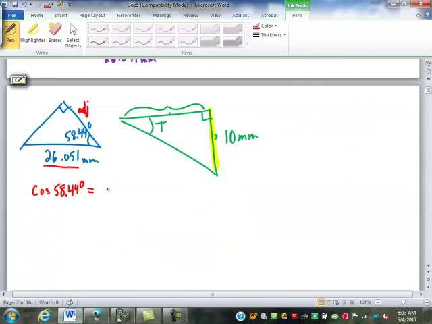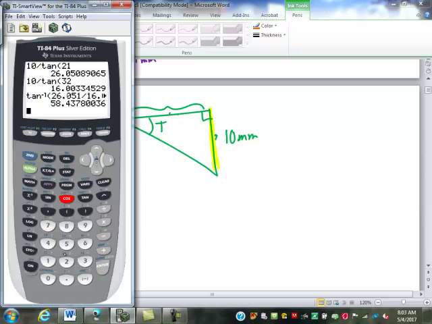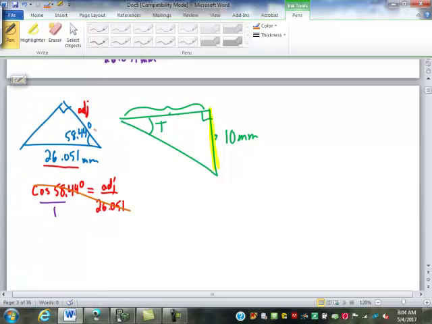So the cosine of 58.44 has to equal that adjacent side we're looking for over the 26.051. I'll put this over 1, and we'll cross multiply and divide. So this is just cosine of 58.44 times 26.051, divided by 1, which won't change anything, giving 13.635. That's what you said, wasn't it? Yeah. Okay.